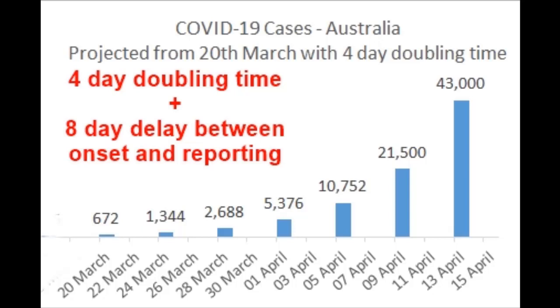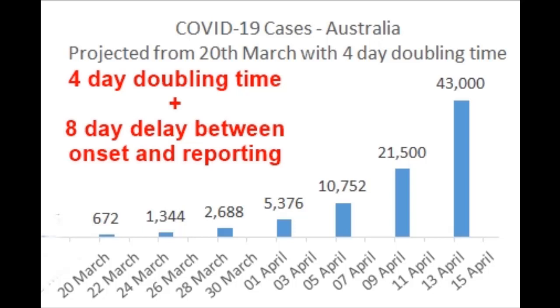Not only is this exponential growth, which is counterintuitive for a lot of people, but there's a delay in the reporting. We've got a 4-day doubling time, plus we have an 8-day delay between the onset of illness in a case and the time that a public health agency usually gets the report. So all these graphs I'm showing you here are the day of the receipt of the report.